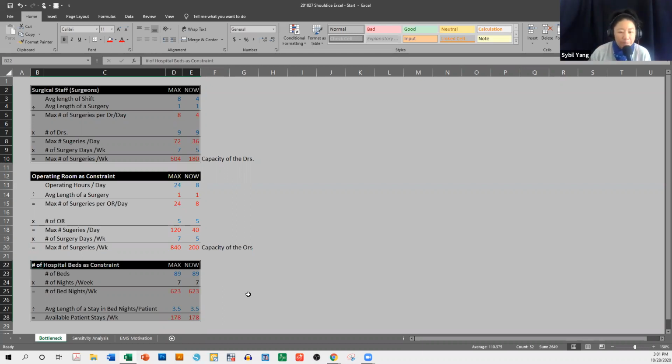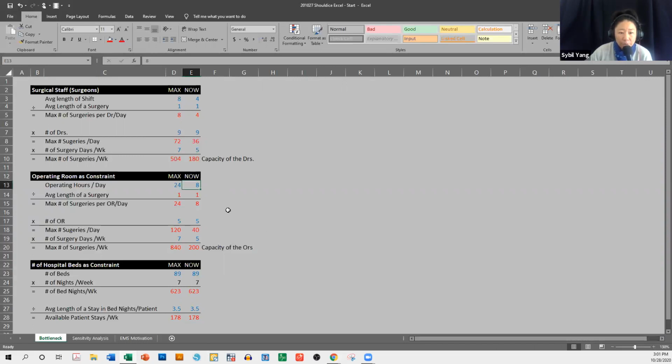Okay, welcome back. If you said it's still the number of hospital beds that is our constraint, then you're correct, because the throughput, the capacity that the hospital beds can accommodate is lower than what the surgical staff can accommodate. Our hospital beds can accommodate 178 people, but our surgical staff can accommodate 180 people.